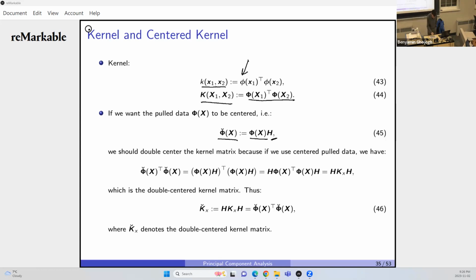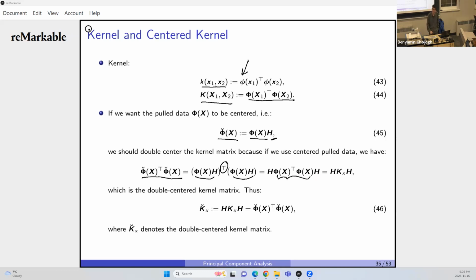So what happens for the kernel when I have centered phi? Phi breve transpose phi breve. Replace phi breve by equation 45. Phi H transpose phi H. Apply transpose in the parentheses. It reverses the order of matrix multiplication. H transpose is H, because H is symmetric. Recall preliminaries. Phi transpose phi H.